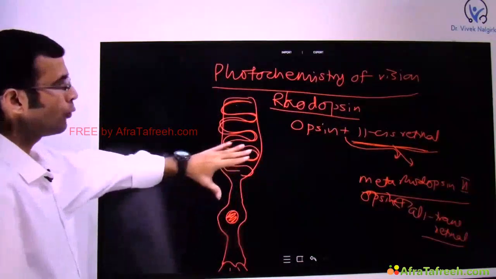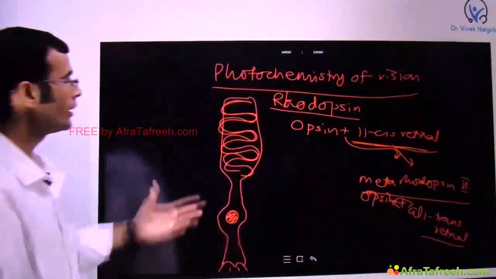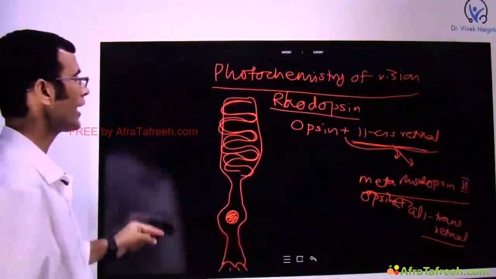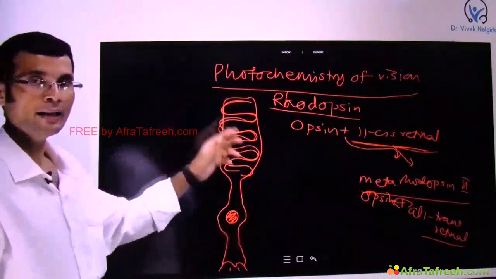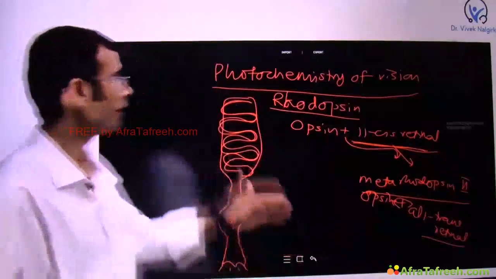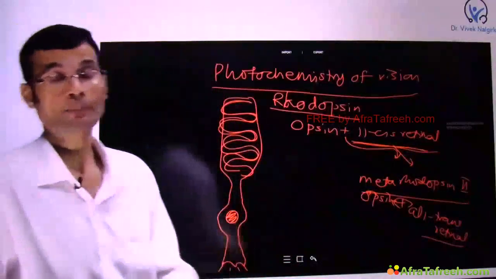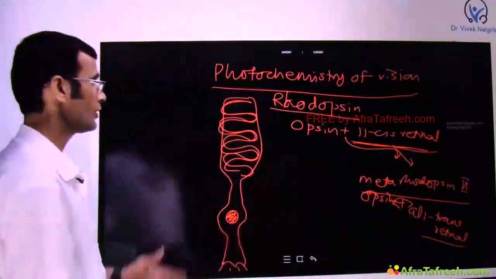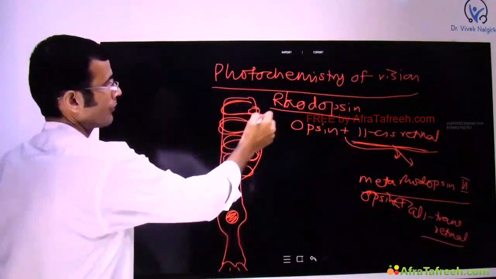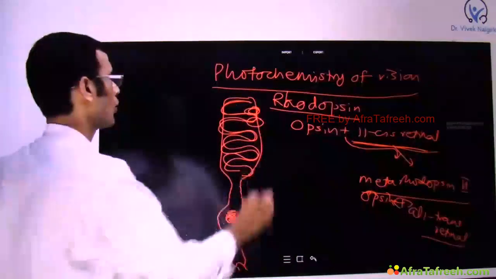Now, once the all-trans-retinal has started pulling away from opsin, this gives rise to another enzyme cascade reaction, and that enzyme cascade reaction in the rod, which by the way includes the protein transducin, will finally cause the sodium channels in the outer segment to be blocked.